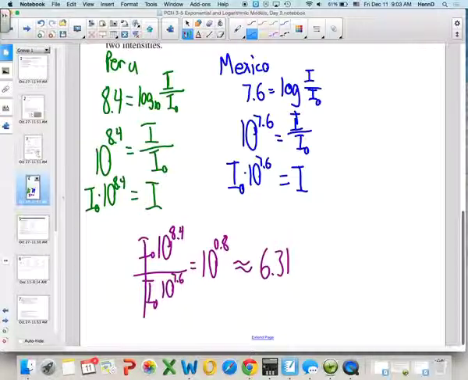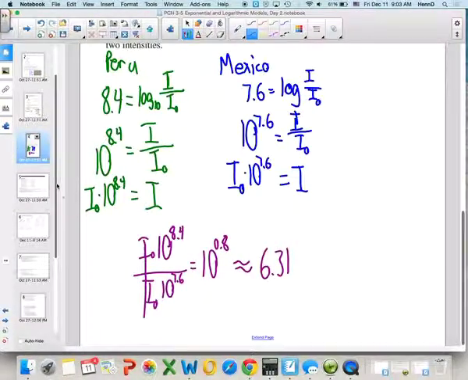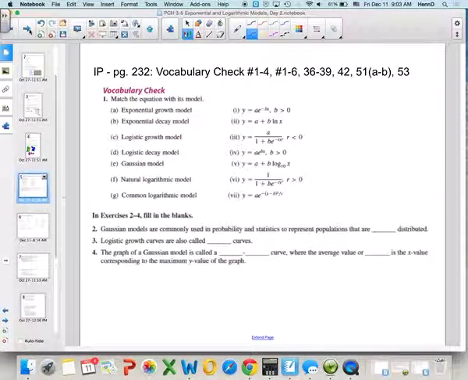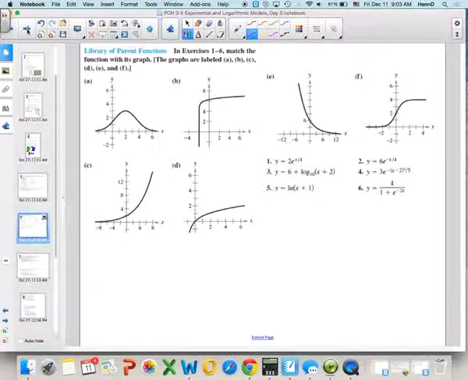All right, now for your practice, I gave you some of these. I gave you the vocabulary check because I want you to be familiar with the vocabulary. Don't do that now. Go home, do that by yourself, okay? And also matching models with the graphs of them. I want you to take the time to do that on your own, okay?